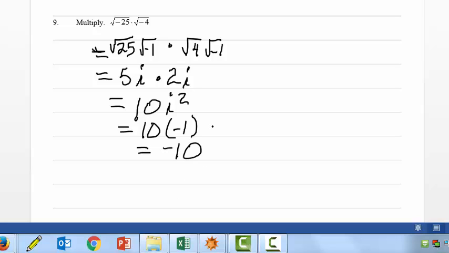So that's my final answer. So notice if I had multiplied the radicands and put them in one radical, I would have the square root of 100, which is 10. But the product rule says I can only do that if both radicals represent real numbers.